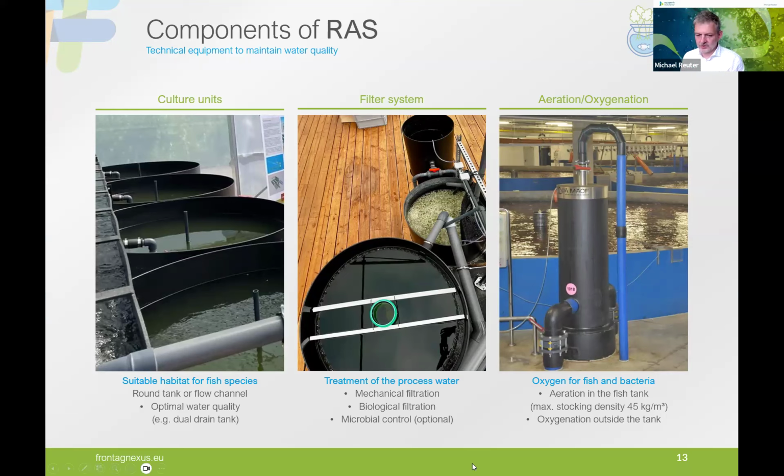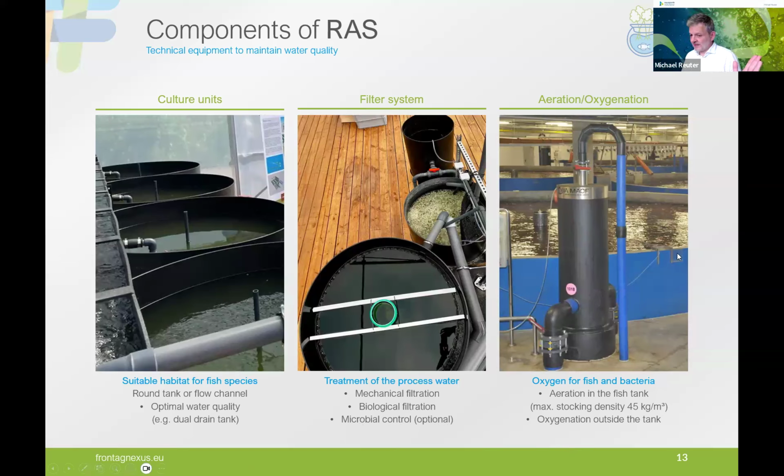These are usually made up of mechanical filtration, where the solids are taken out of the water, biological filtration, where mainly ammonia is transformed into nitrite and nitrate, and microbial control that will clean the water from viruses, microbes, and sometimes very fine solids. But that is only needed if we exceed a certain intensity or density of fishes in our system.